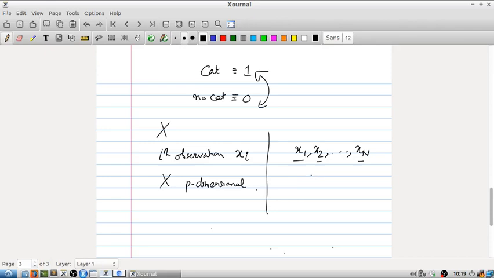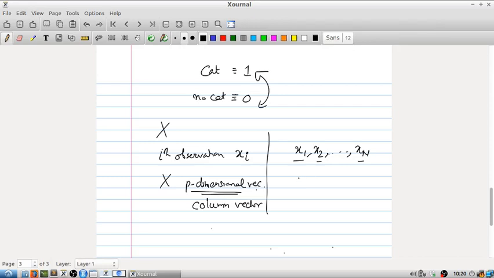Another quick thing: if it is a p-dimensional vector, we're going to assume that it is a column vector, just so that there is no ambiguity between a row vector and a column vector. A column vector just means the numbers are stacked vertically.